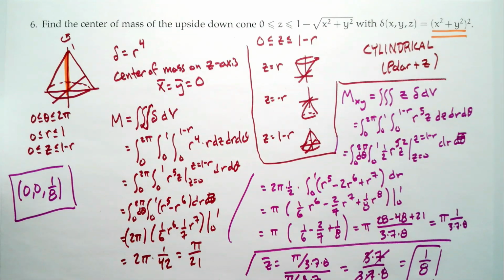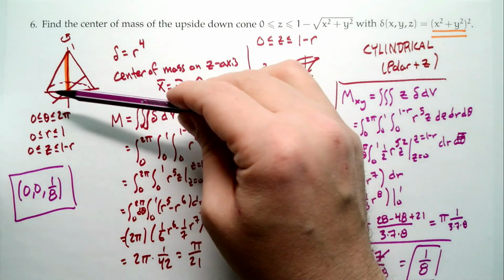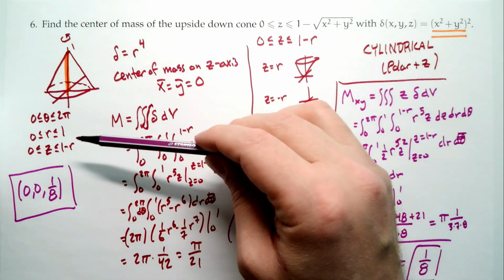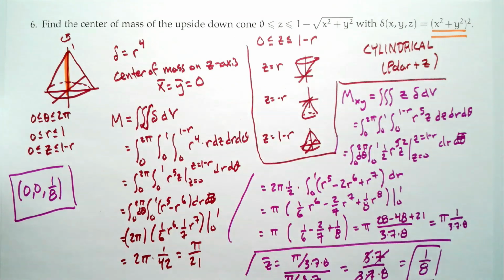It's a lot of work to get to 1/8. But, in some sense, it's like, oh, that's kind of a pretty answer. Now, you should always ask yourself a question, is this a reasonable answer? And by reasonable, you would say, okay, if I'd gotten a negative number, definitely not reasonable, because everything is above or equal to 0. But let's think about it. Even though it's between 0 and 1, does it make sense that I should be near the bottom?